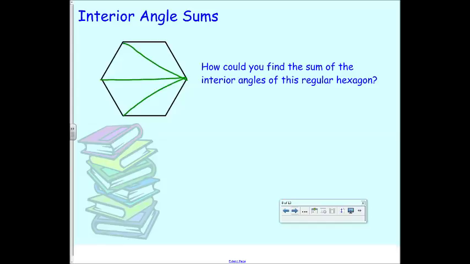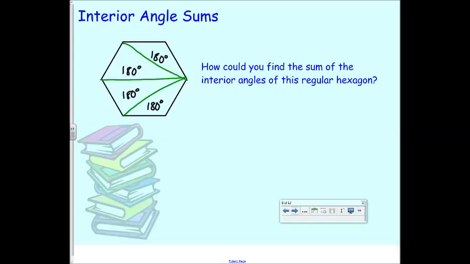Okay, I agree that 4 is probably the least that you can do, because if you were going to make 5, you'd have to connect 2 sides that are already connected. So knowing this, like if we can make 4, how many degrees are in this triangle? How many degrees are in this one? How many are in this one? And how many are in this one?